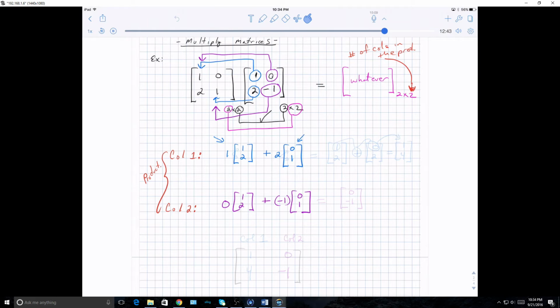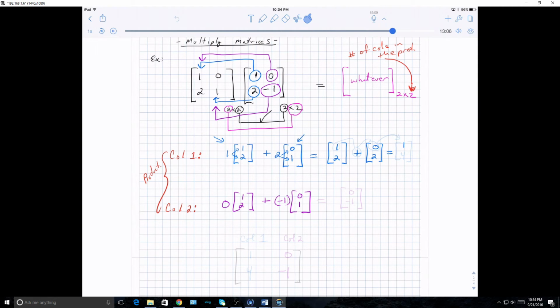So let's go back up to this first one here and realize that 1 times 1 is 1 and 1 times 2 is 2. And then we're going to add to it 2 times 0 and 2 times 1. And then we're going to add them together.